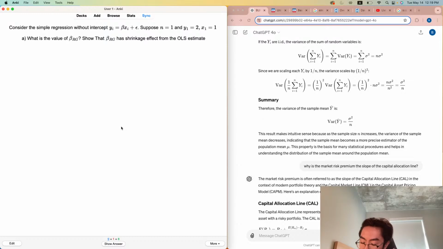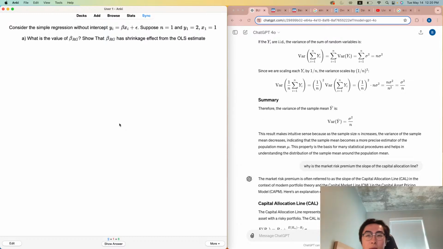Divided by 2, we have -2 plus beta ridge plus lambda beta is equal to 0. So this becomes beta ridge plus lambda beta is equal to 2. And then we just take out beta ridge times 1 plus lambda, and that's equal to 2. Beta ridge is equal to 2 over 1 plus lambda.